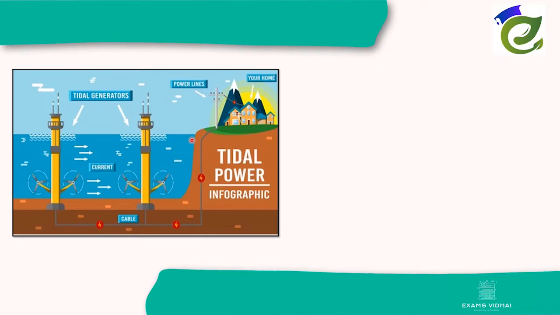Additionally, tide cycles do not match the daily consumption pattern of electricity and therefore do not provide sufficient capacity to satisfy demand.